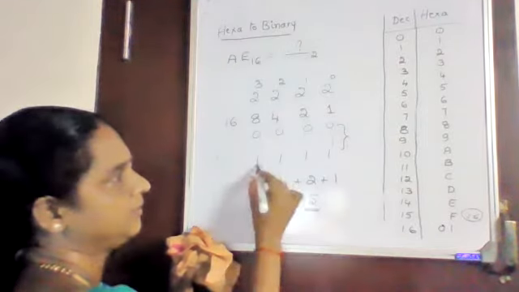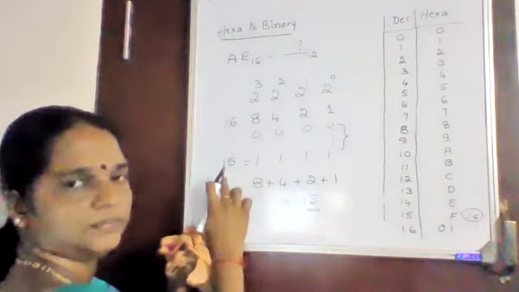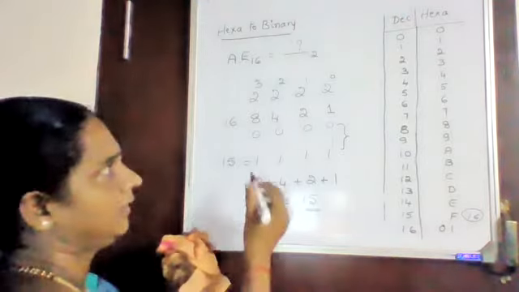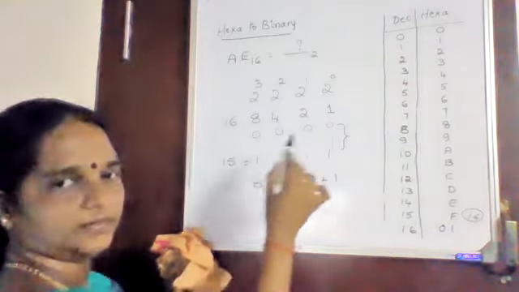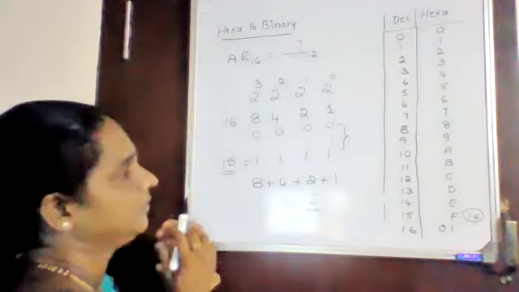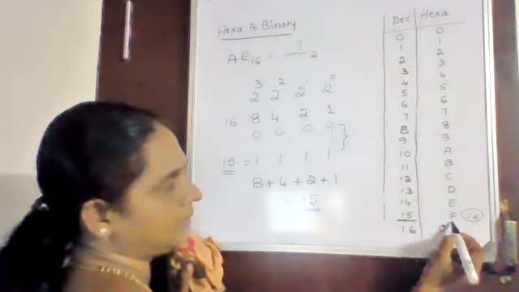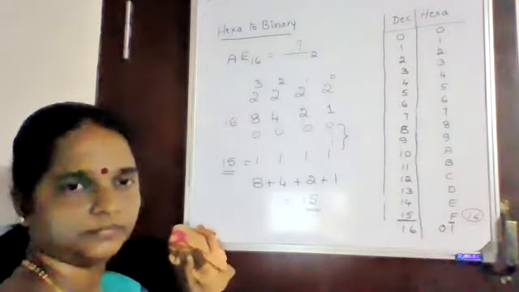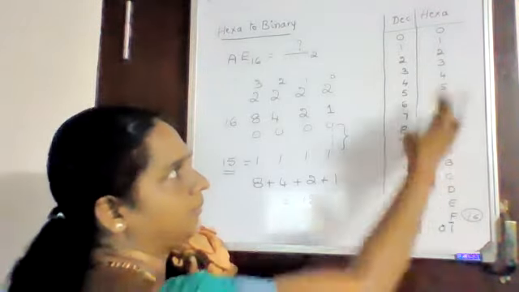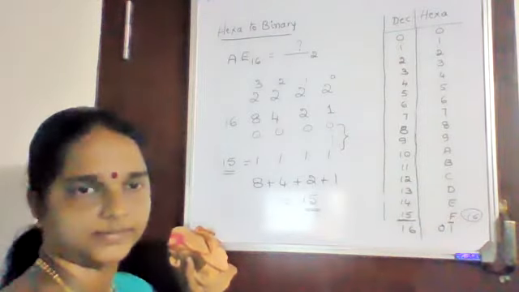So the decimal value of 1, 1, 1, 1 is 15. Using 4 bits, we can write up to 15. Here decimal 15 is equal to F.